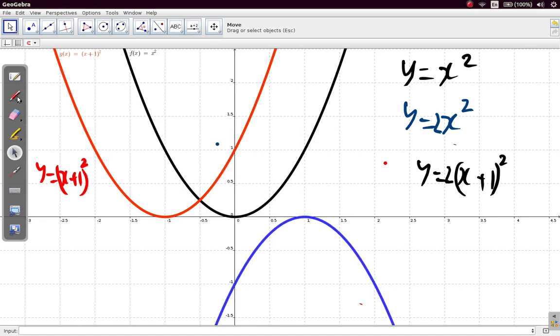So we have 3 graphs here. We have y equals x squared plus 1, y equals x squared, negative x squared minus 1. In fact, let me write that down. This is y equals negative x minus 1 squared, not x squared minus 1.